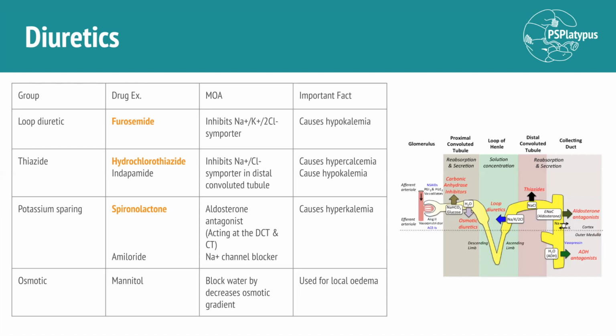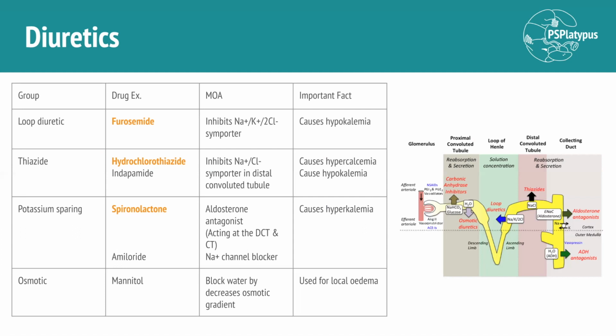Next, we have diuretics that act at the loop of Henle. The one to remember is furosemide, and it acts via inhibiting our sodium, potassium, and chloride transporters. By doing so, as there is more sodium present, the osmotic gradient is decreased.